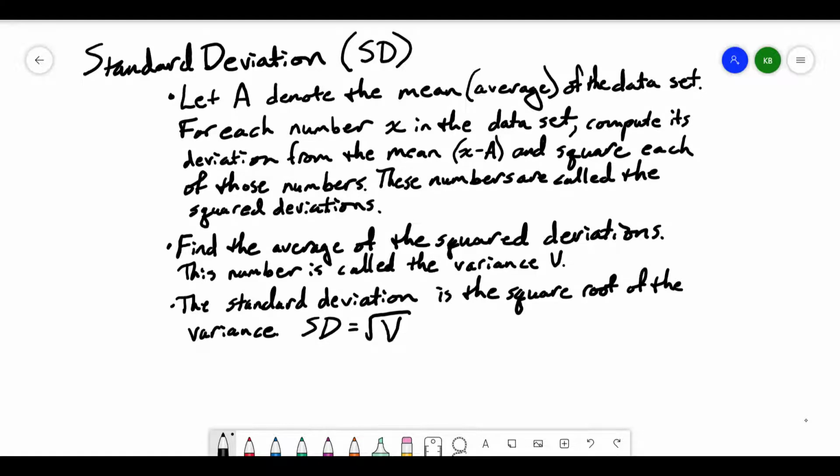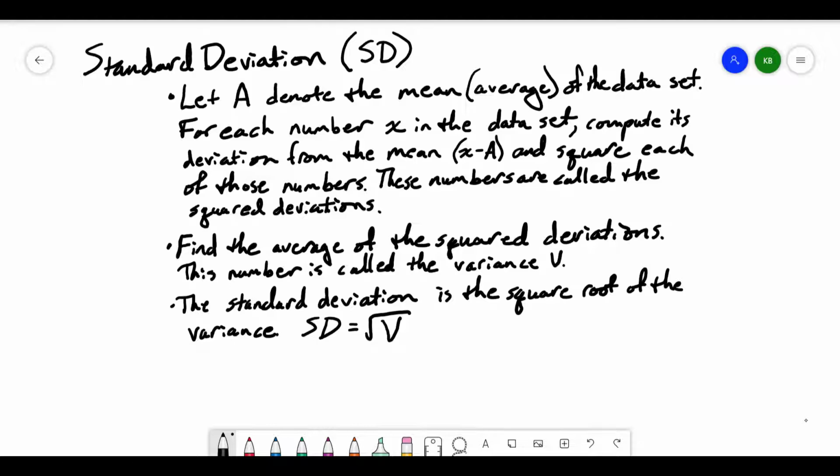Now, the fact that these deviations can be both positive and negative makes it difficult to combine them in a meaningful way because they'll start canceling each other out. So what we do is we square each of those numbers, and in doing so, we make them all positive.